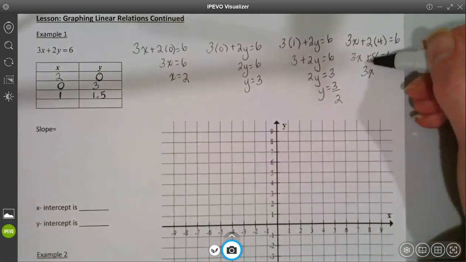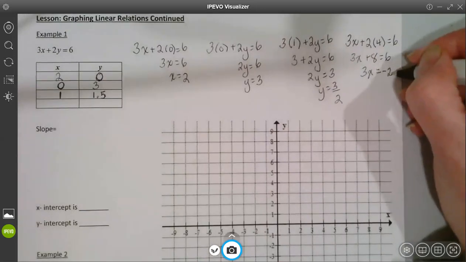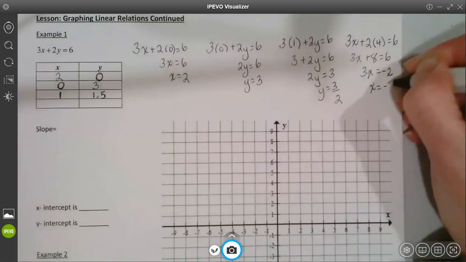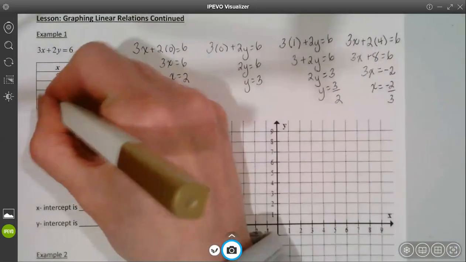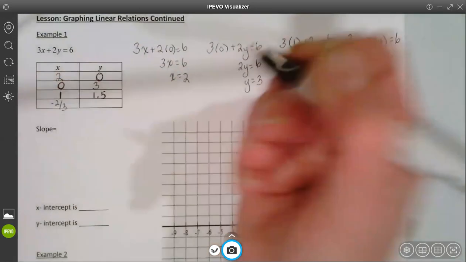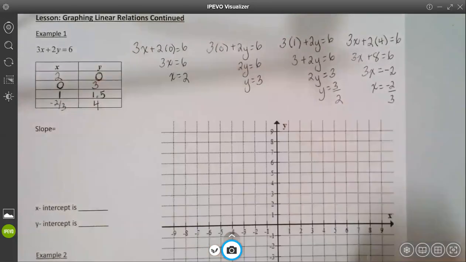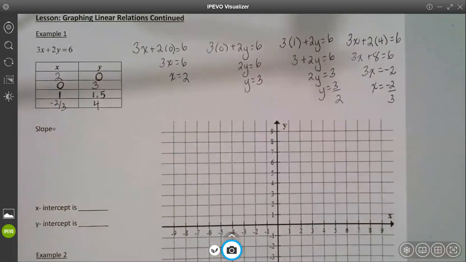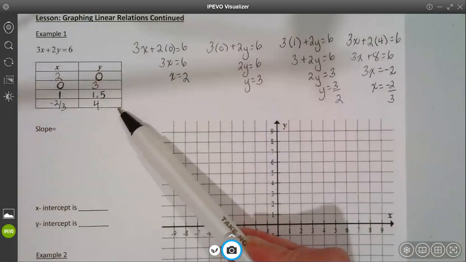The positive 8 transposes, so it'll become 6 subtract 8 to get negative 2. So x is equal to negative 2 over 3. So we have negative 2 over 3, and our y value was a 4. So now we have 4 ordered pairs that are solutions to this equation in two variables.